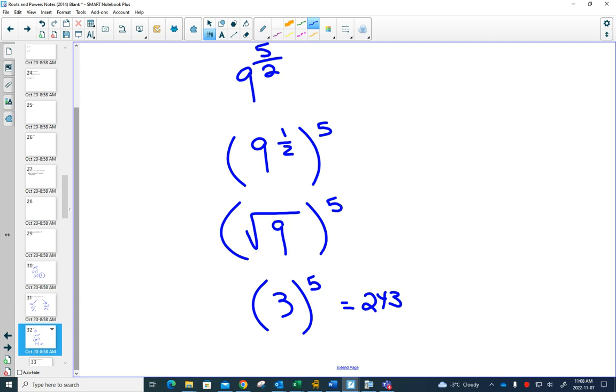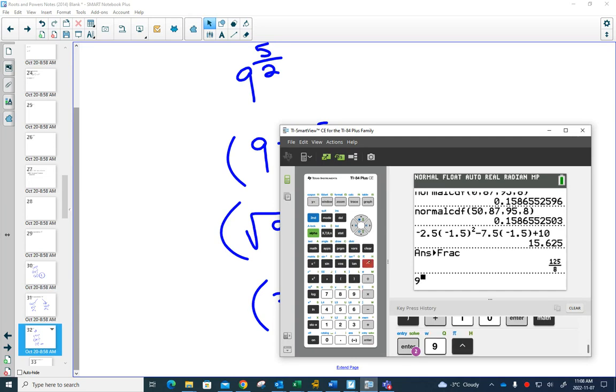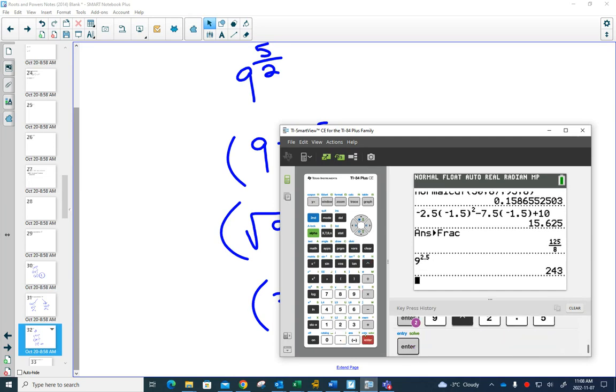243. Would we be allowed our calculator? Yes, you'd be allowed your calculator. However, I would ask you to show your work for simplifying. So this 3 to the 5, I will let you use your calculator for, but I wouldn't be like, oh, this is not okay, just to take the whole thing into your calculator and get the answer.